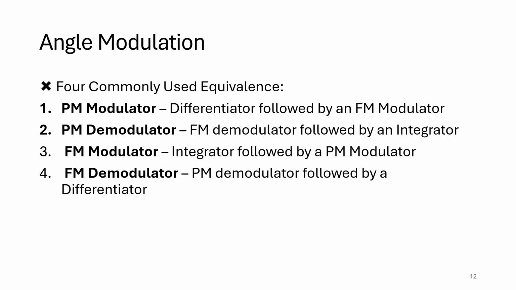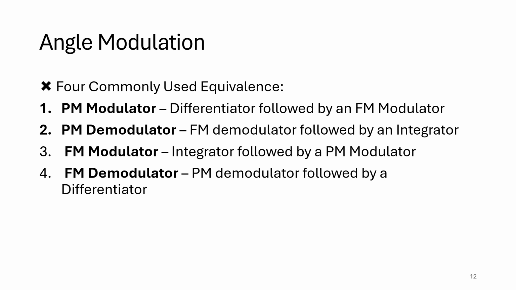If we wanted to produce a PM demodulator, this is just an FM demodulator followed by an integrator. An FM modulator is an integrator followed by a PM modulator, and an FM demodulator is a PM demodulator followed by a differentiator.